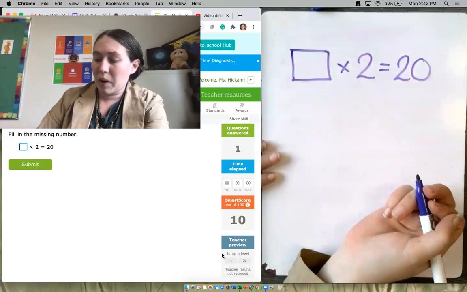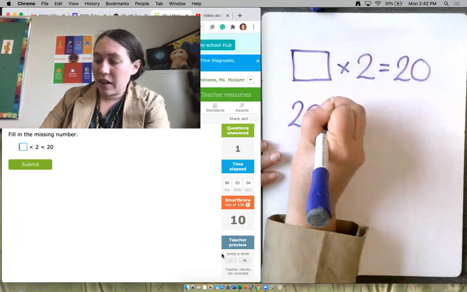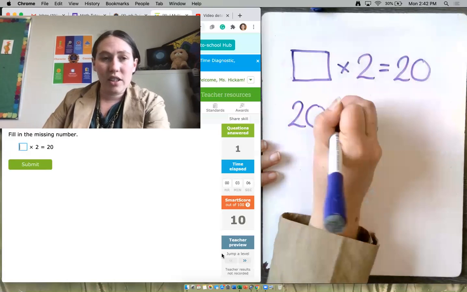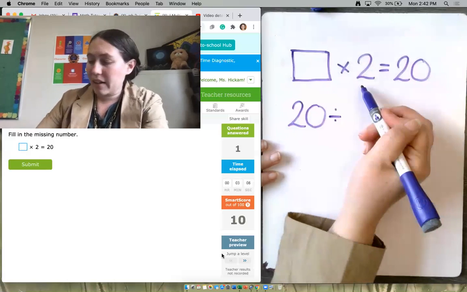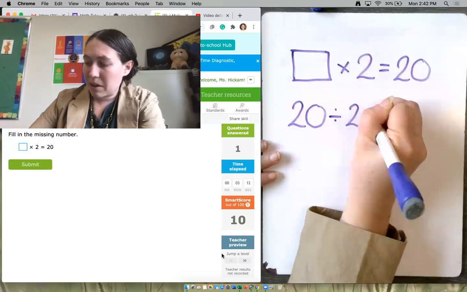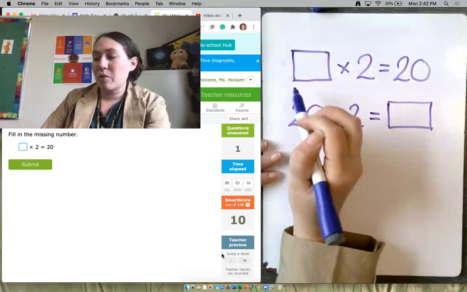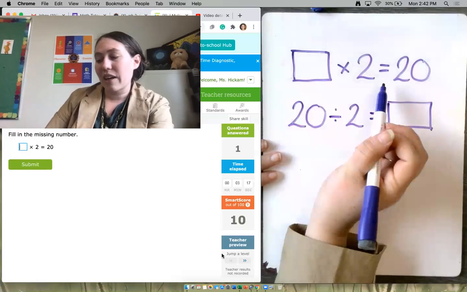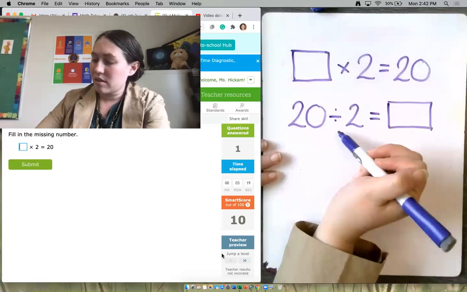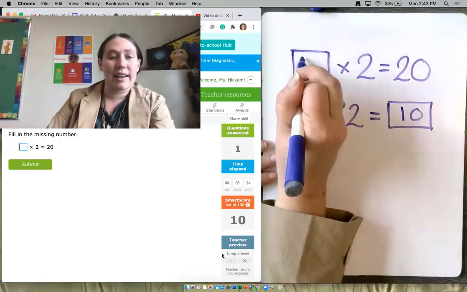It would be 20, which is my answer when I multiply, divided by one of the factors, one of the things I'm multiplying by, equals my missing puzzle piece. Blank times 2 equals 20, or 20 divided by 2 equals 10. My missing puzzle piece is 10.